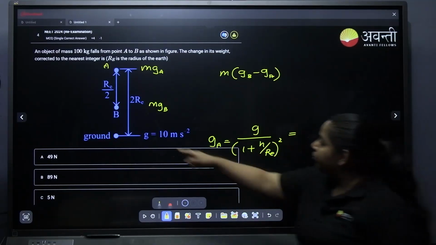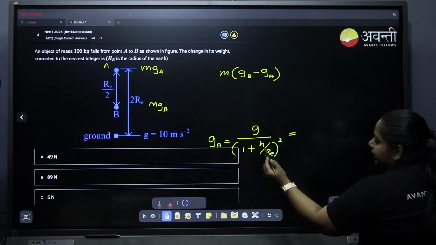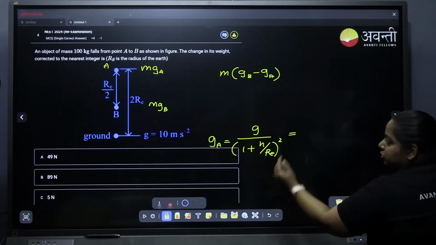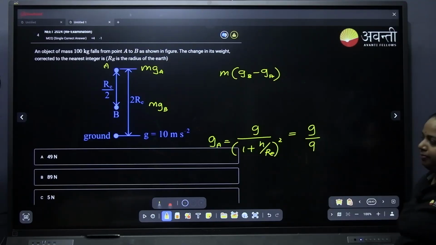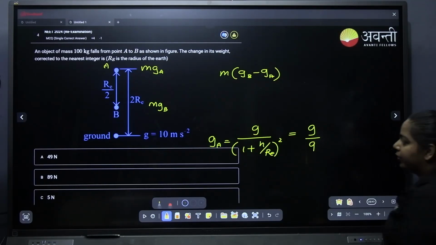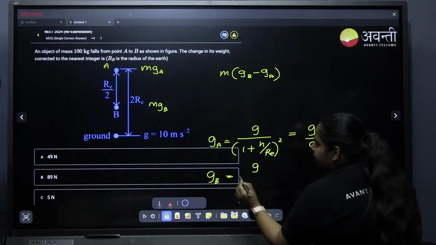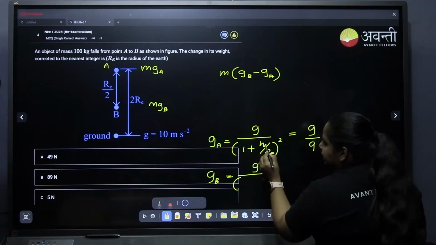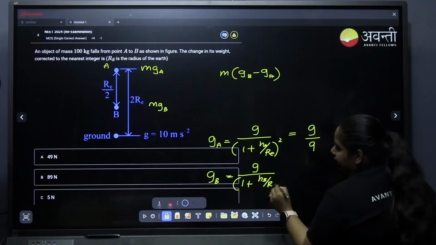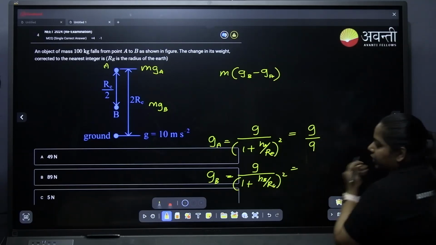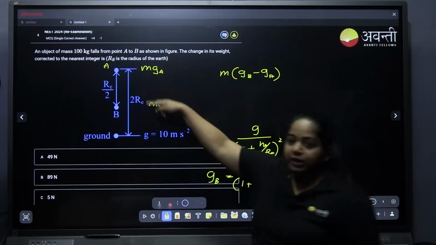The distance to point A is 2Re, so h will be 2Re, giving (1 plus 2) the whole square. It will be g by 9 at gA. Now gB at point B: if you substitute, it is g divided by (1 plus hB by Re) the whole square. hB, this distance, is given as R by 2.